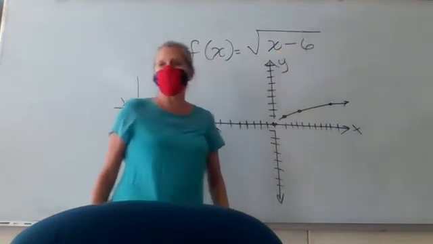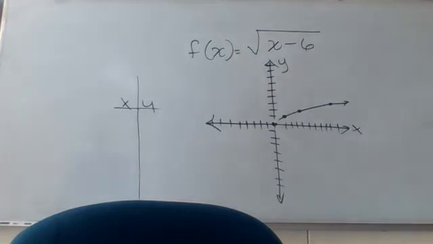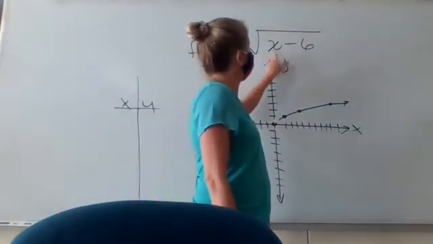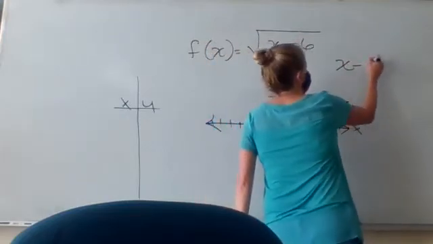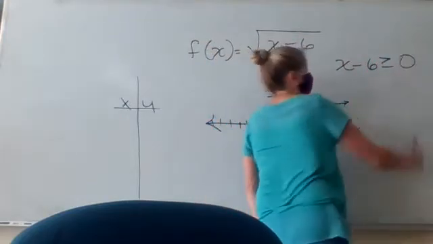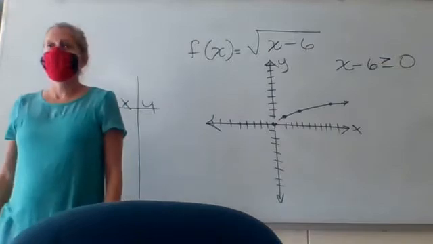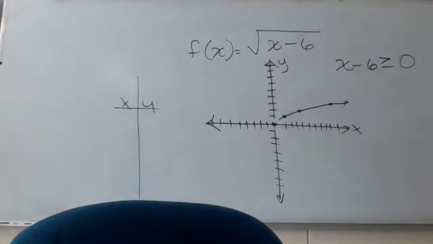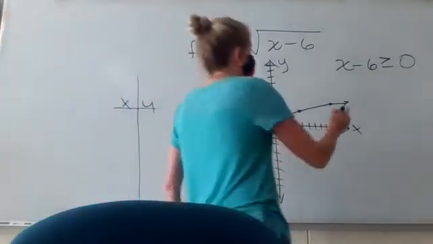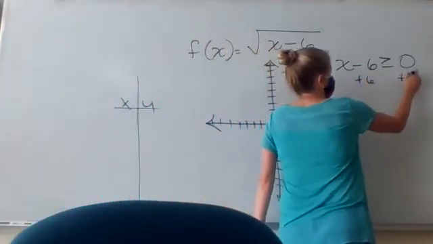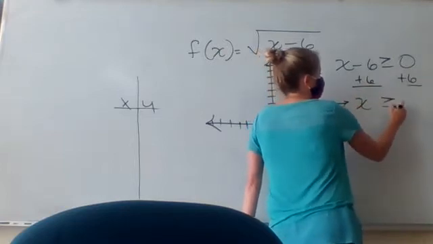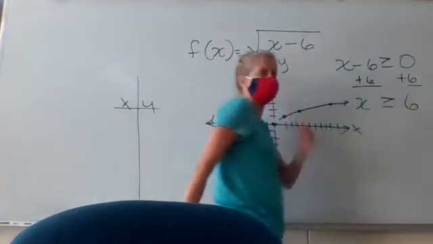But now I have x minus 6. So let's see, where should our error messages start? What is underneath your square root needs to be greater than or equal to 0, right? That's what it just needs to be positive. So what's underneath there needs to be positive. So if I solve this for x, by adding that 6 to both sides, I now see that x is going to need to be greater than or equal to 6.